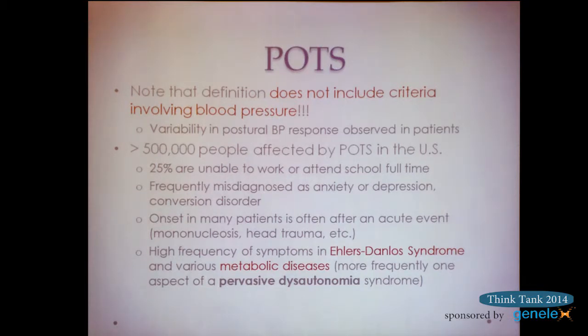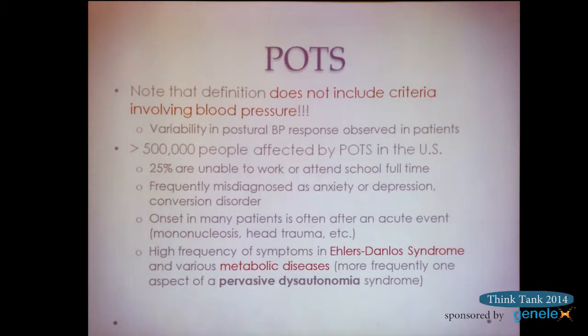Probably a gross underestimate, since it's very underdiagnosed in our society, is that more than 500,000 people are affected by POTS in the US. At least 25% are unable to attend work or school full time. And it is frequently misdiagnosed as anxiety or depression. Conversion disorder comes up a lot, especially in our female patients. The onset in many patients is often after an acute event, surgery.